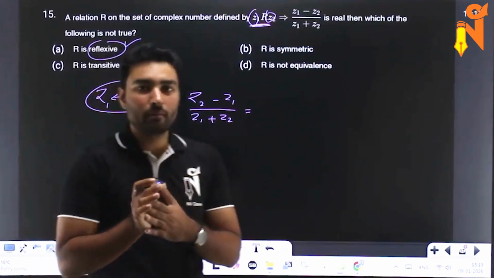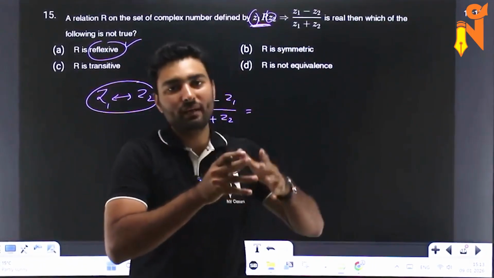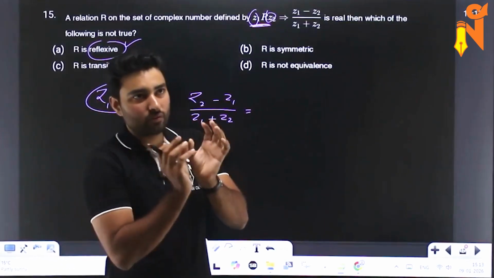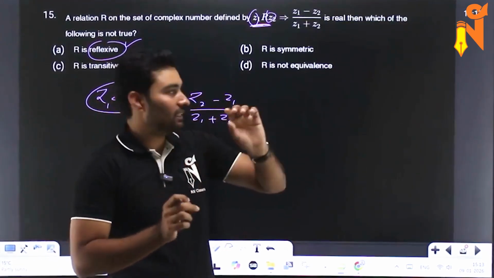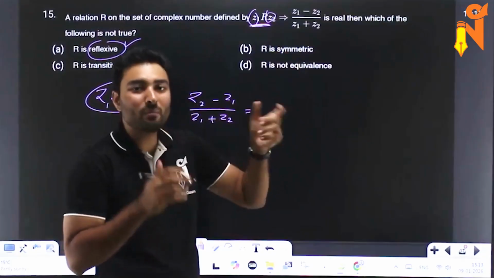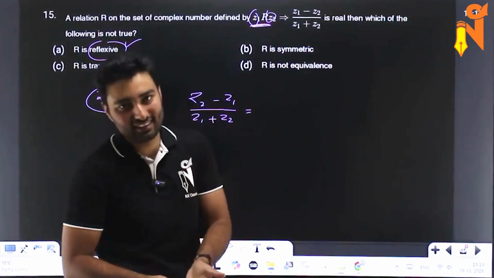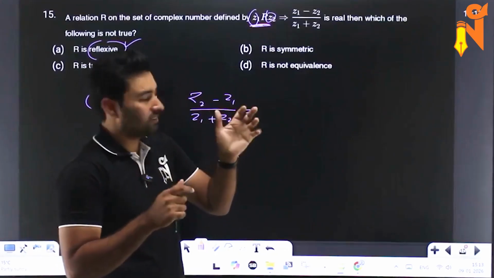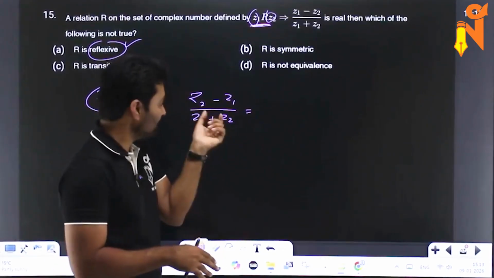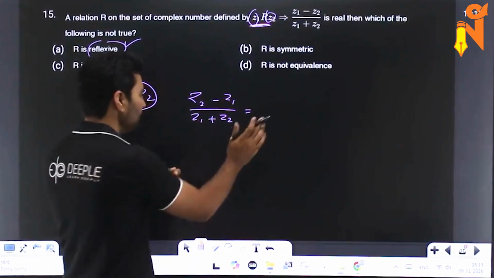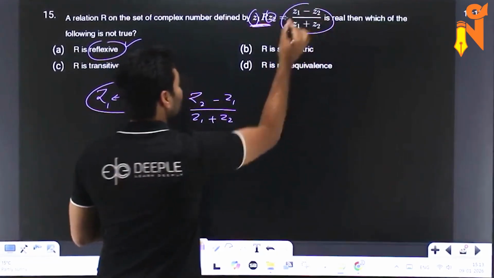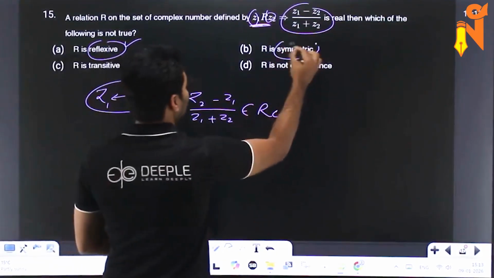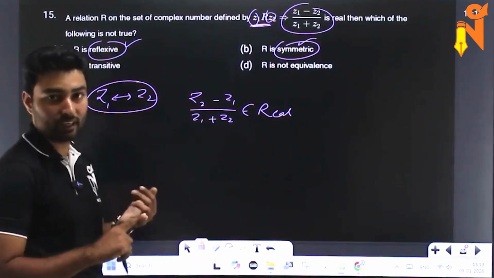When you multiply minus to a complex number, this will not change the identity or the character of the complex number. Basically, if the complex number is real and you multiply by a minus number, it's still real. If the complex number is completely imaginary, by multiplying the minus sign, it's still imaginary. So if this is real, this is also real. So this is also correct, it is reflexive and symmetric both.